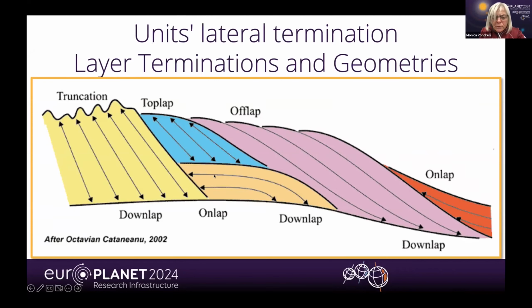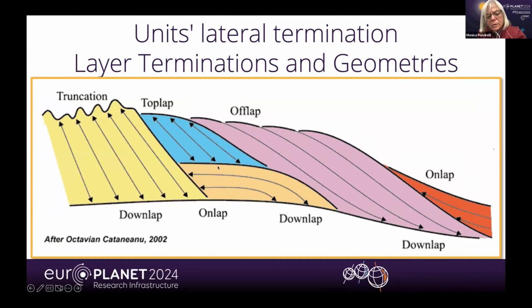If we have horizontal layers which hit against an inclined surface like this here, we have something which is called onlap. The name is not so important. What is important is that this geometry suggests that the basin is infilling.